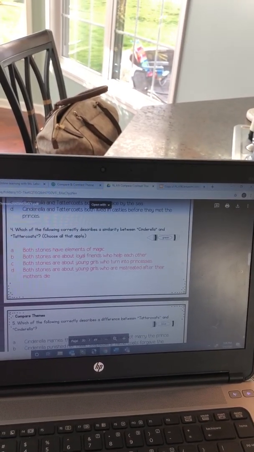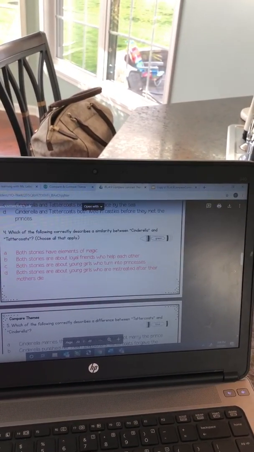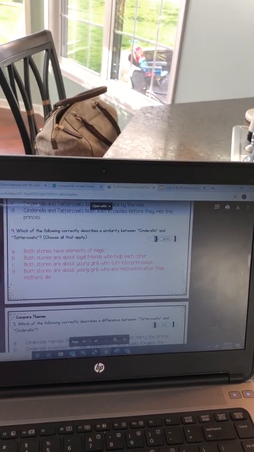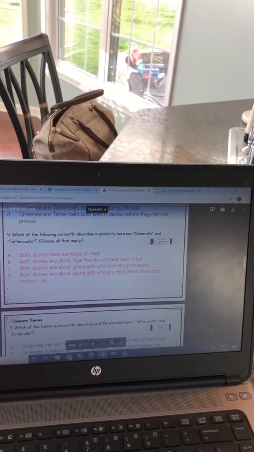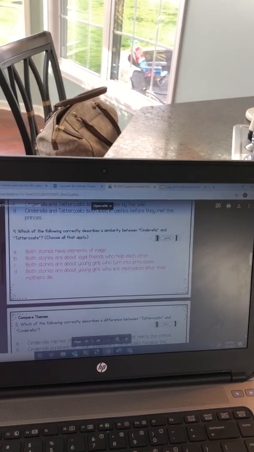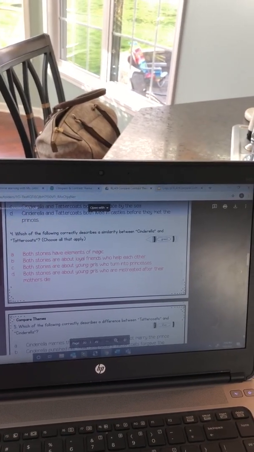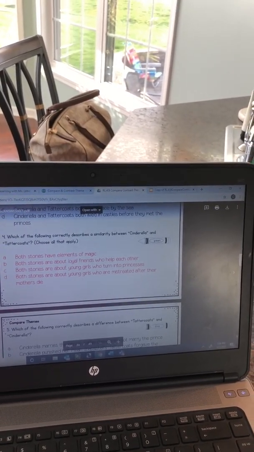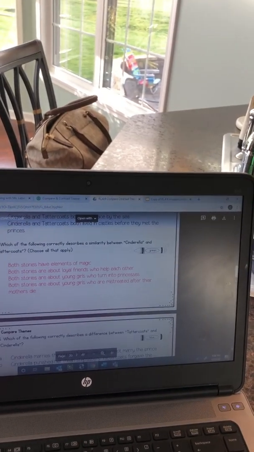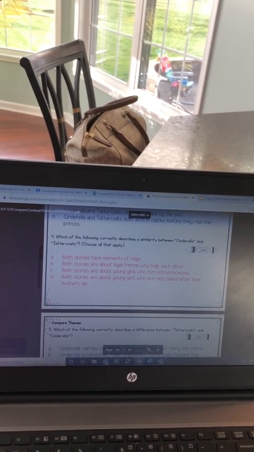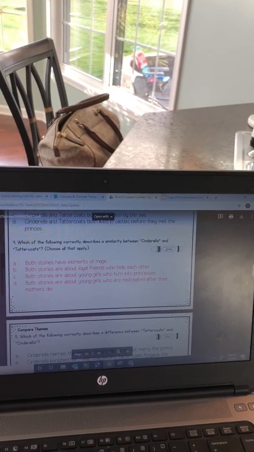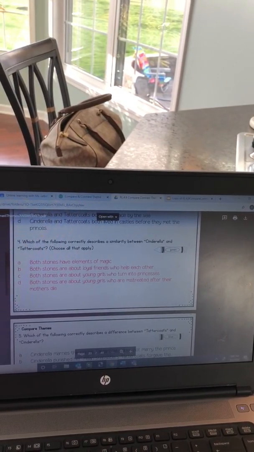Both stories are about young girls who turn into princesses, and both stories are about young girls who are mistreated after their mothers die. In this case, all of those are true. We can say yes to all of those. Remember, when you see that answer choice, it's usually more than one answer when it says in parentheses, choose all that apply.